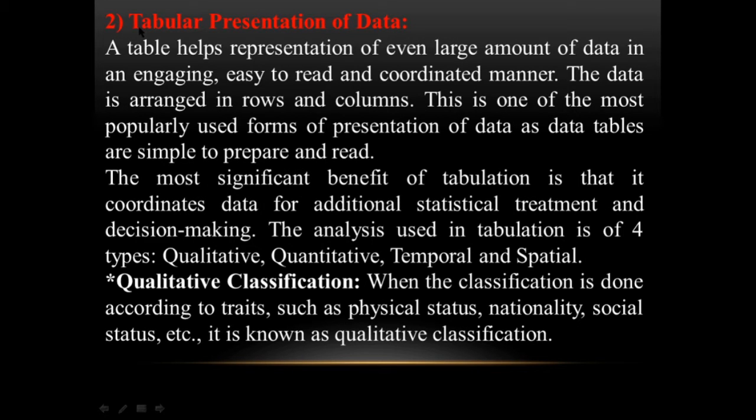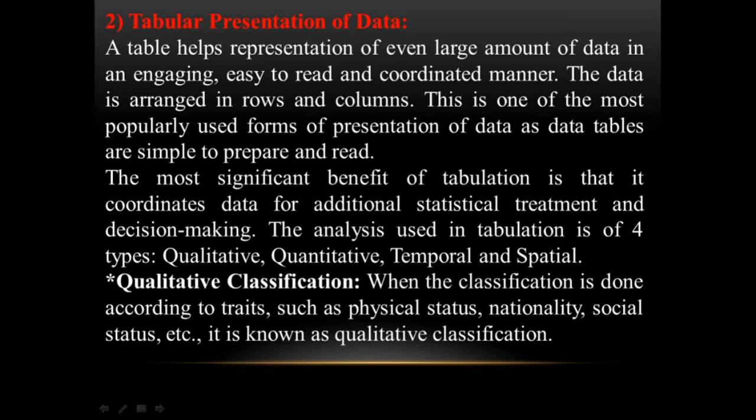Number two is tabular presentation of data. A table helps representation of even a large amount of data in an engaging, easy to read and coordinated manner. The data is arranged in rows and columns. This is one of the most popularly used forms of presentation of data, as data tables are simple to prepare and read.